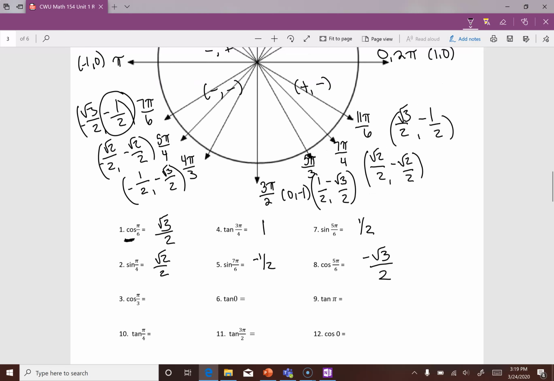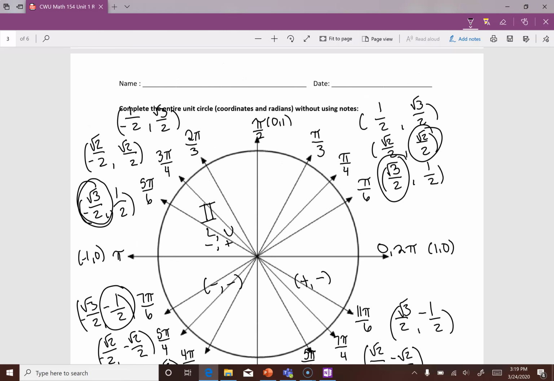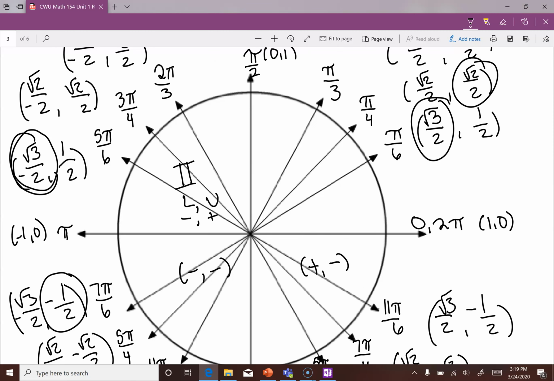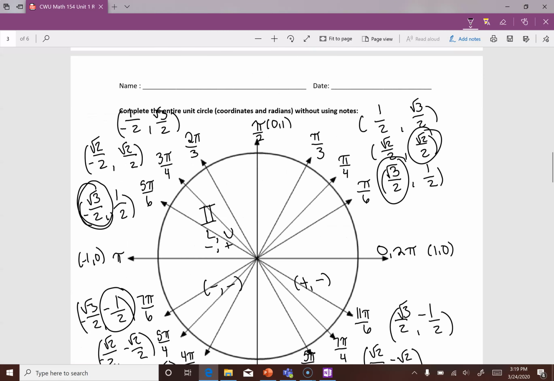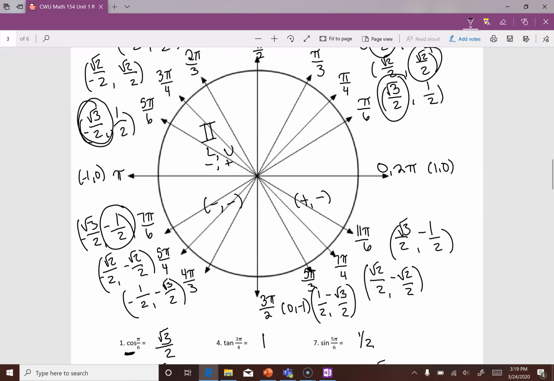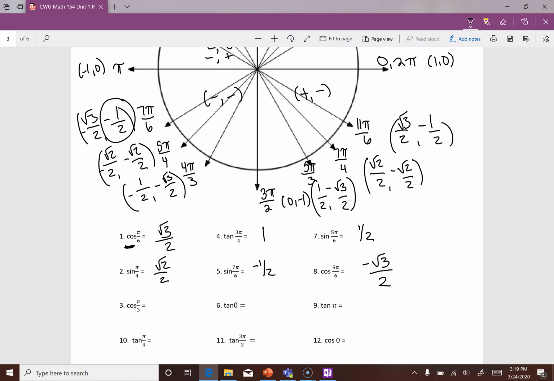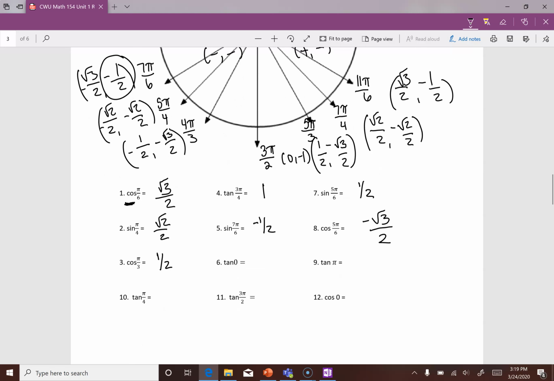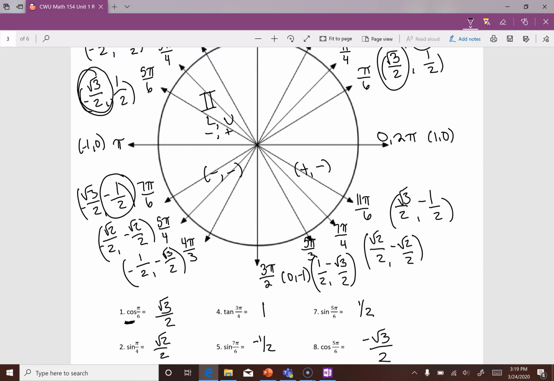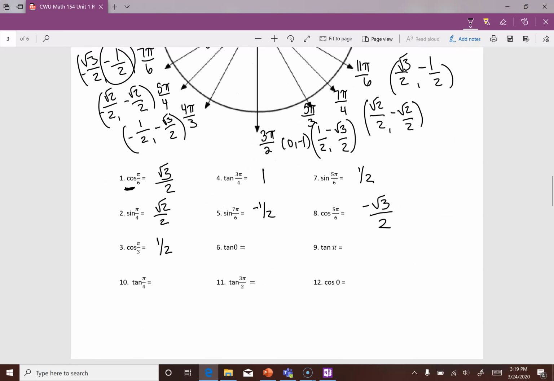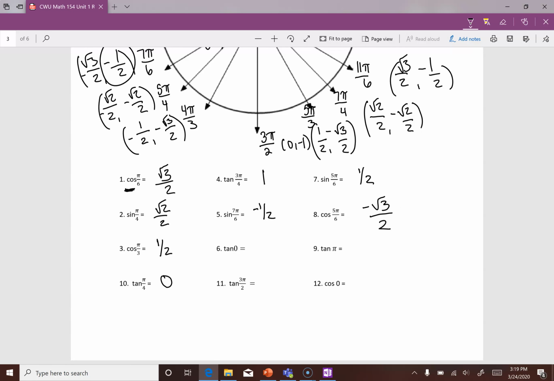Cosine of pi over 3. Cosine of pi over 3 is the first coordinate right here. So that's going to be equal to 1/2. Tangent of 0, I go to 0 here, and I need to do my second coordinate, 0 divided by 1. So 0 divided by 1 is 0.